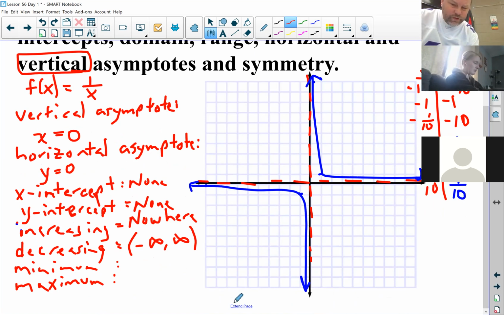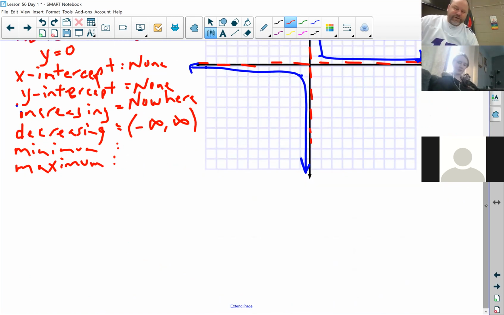What is the smallest Y value that I can get? What is the largest Y value I can get?